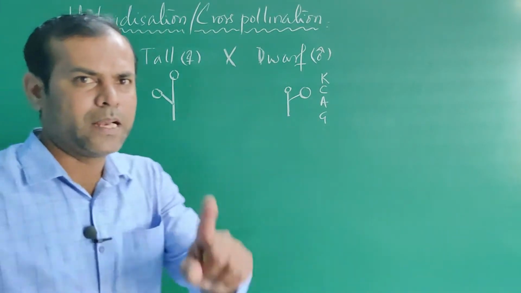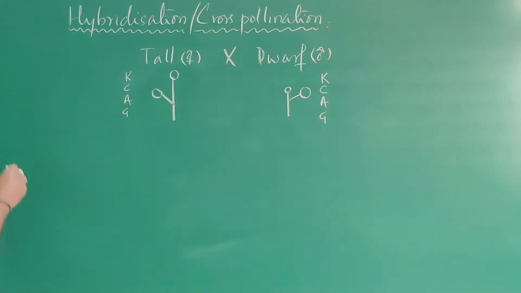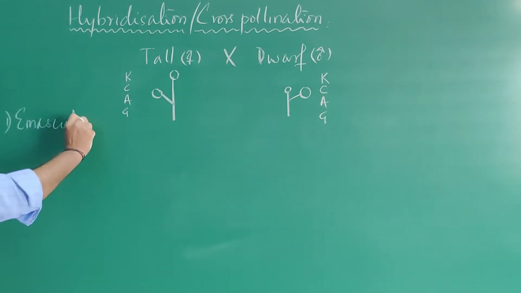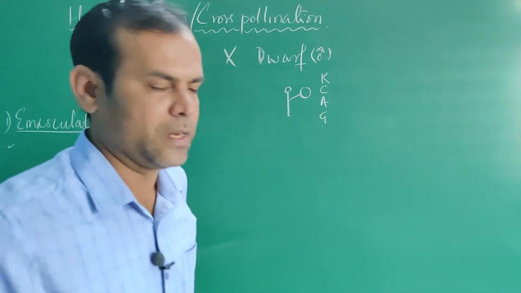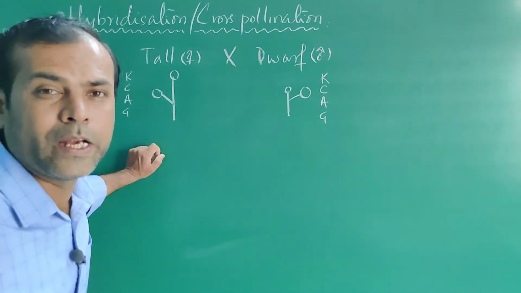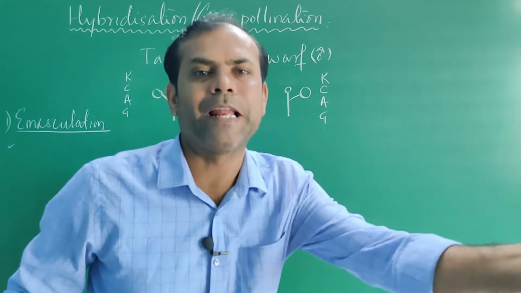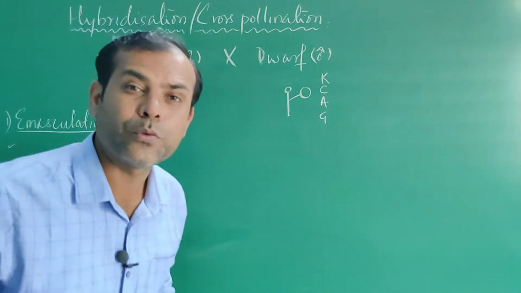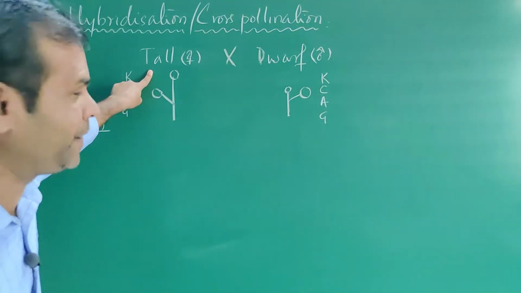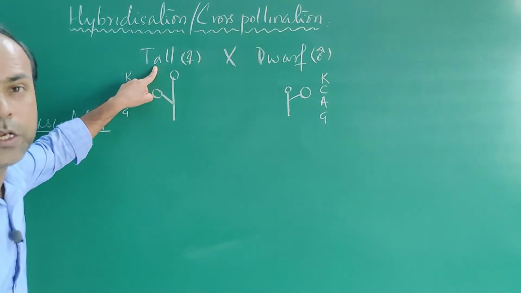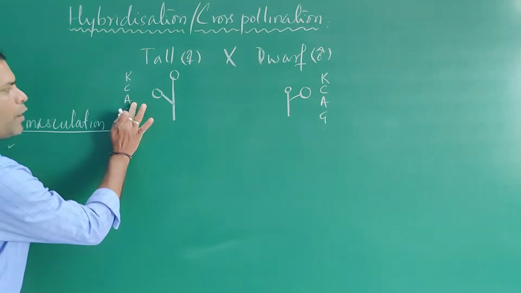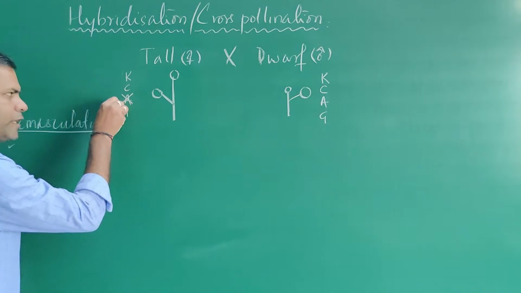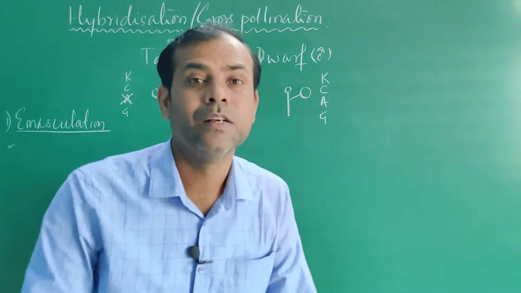Now what is the first step? That is emasculation. Now what we are doing in emasculation: the plant which is going to act as a female parent, from that plant we are going to remove the androecium, that is anther, stamens.